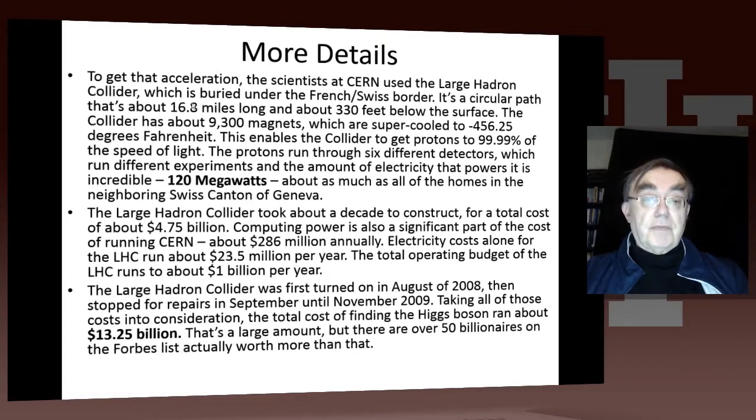If you had magnets which had high magnetic field and were not superconducting, you could not afford it. These protons get up to very high velocities, let's say 99.99% of the speed of light. And the 6 experimental apparatus we already discussed, of which 2, ATLAS and CMS, are the general purpose detectors. And in spite of all the superconductivity, there's a lot of electricity needed, 120 megawatts to run this accelerator.